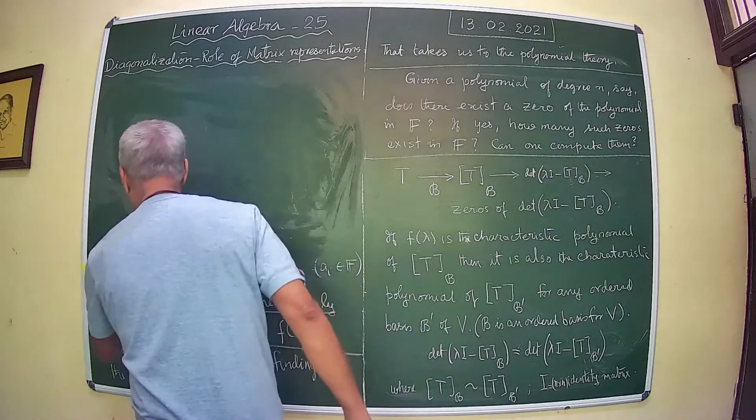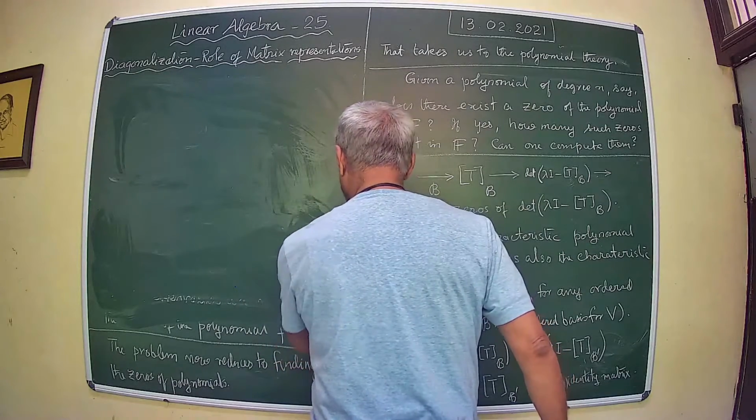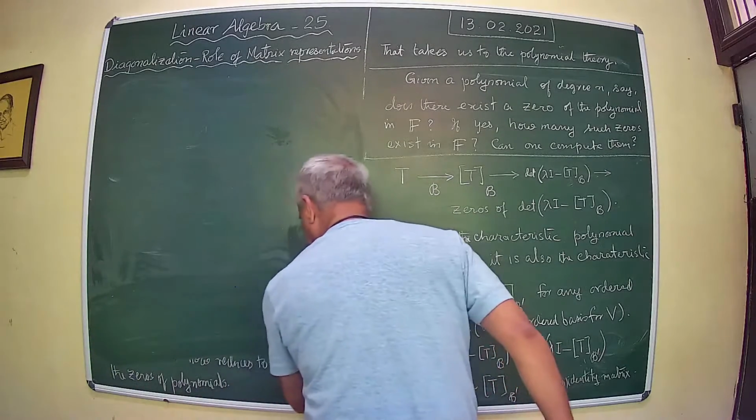So we have come up to the problem of finding what are called the zeros of the polynomial of degree n.